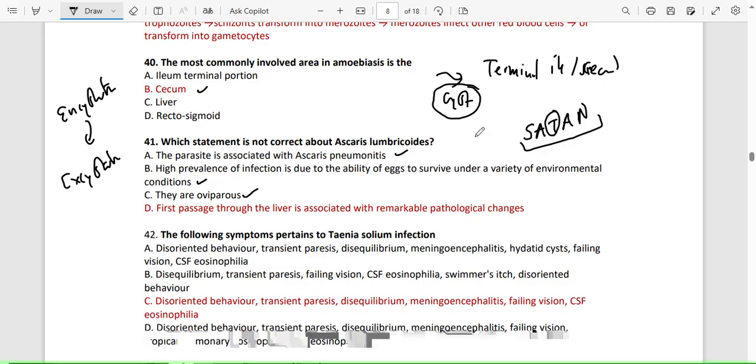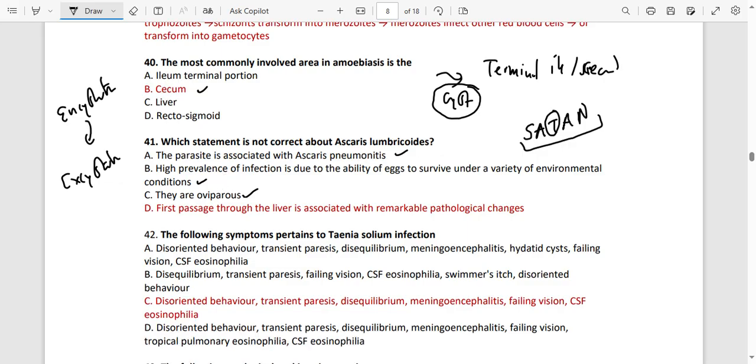So Saturn is for everything that is not viviparous, but if we remove the T, it's for those which are specifically oviparous. So SANA or NASA, these are the ones which are oviparous.